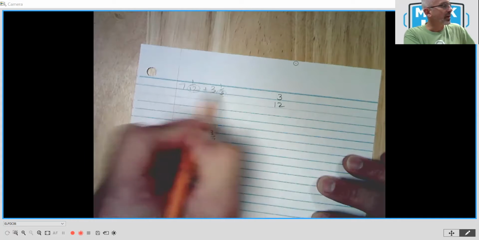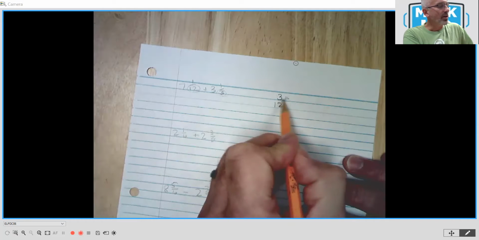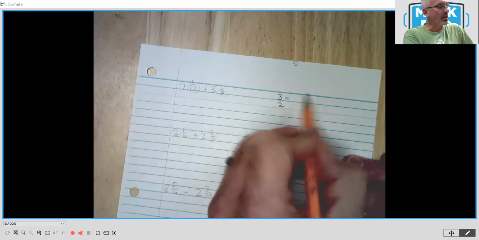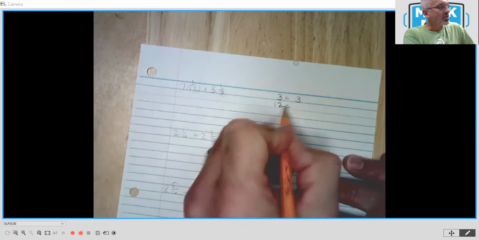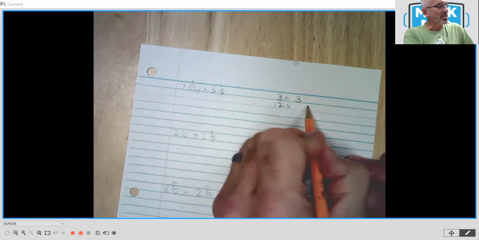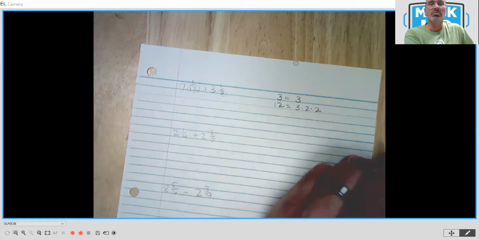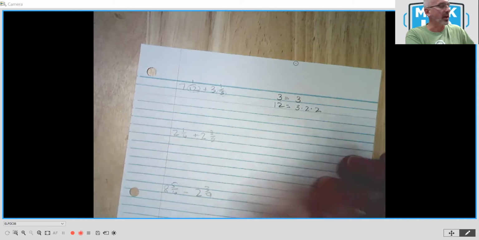So we have a 3 and a 12. And as we've discussed before, 3 is a prime number, so its only factor is 3. And for 12, our prime factorization is 3 times 2 times 2. Sometimes you write it 2 times 2 times 3, but we can write it in any order.